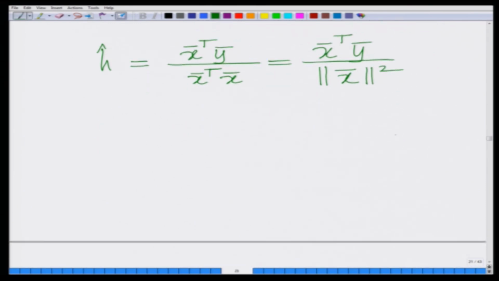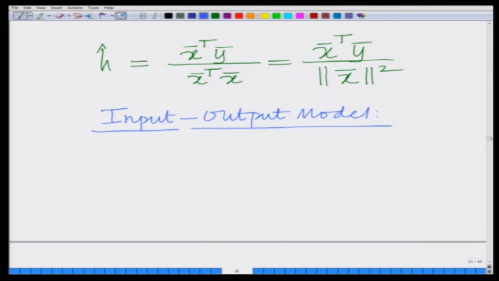Now, let us go back to our pilot input output model. Our input output model, recall, is yk equals h times xk plus vk, where yk is the observation, h is the channel coefficient, xk is the transmitted pilot symbol, and vk is the corresponding Gaussian noise sample.